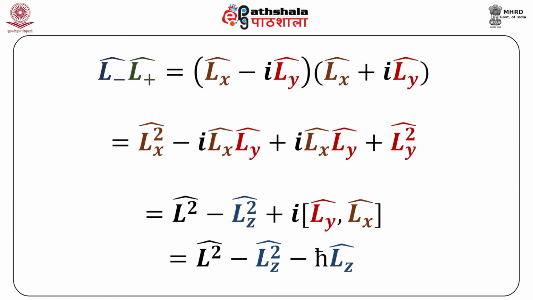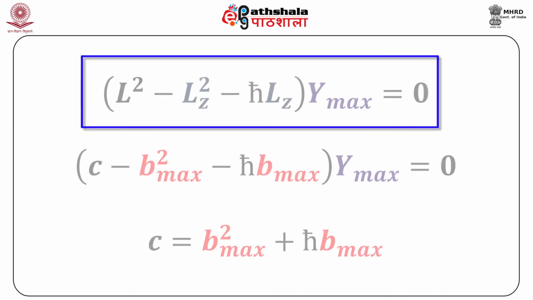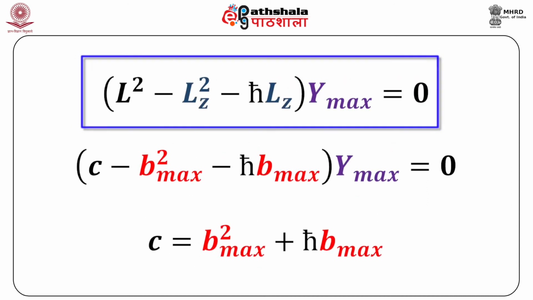With this, we obtain the final expression for the multiplication of ladder operators as L minus L plus equals L square minus Lz square minus h cross Lz. With this, the expression now becomes (L square minus Lz square minus h cross Lz) ψmax equals 0.